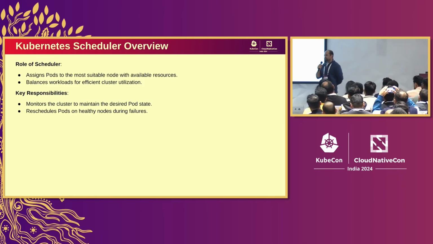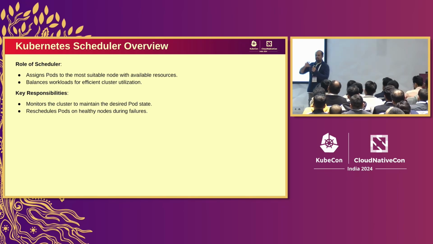When you give a request to a deployment or a pod, it makes sure to find the best node for you. For example, if you give a request of 1 GB RAM, it will make sure to allot it on a node where it has at least 1 GB available. For example, if a node has 5 GB, it will allot that pod to that node. So this way, the scheduler looks at the request.